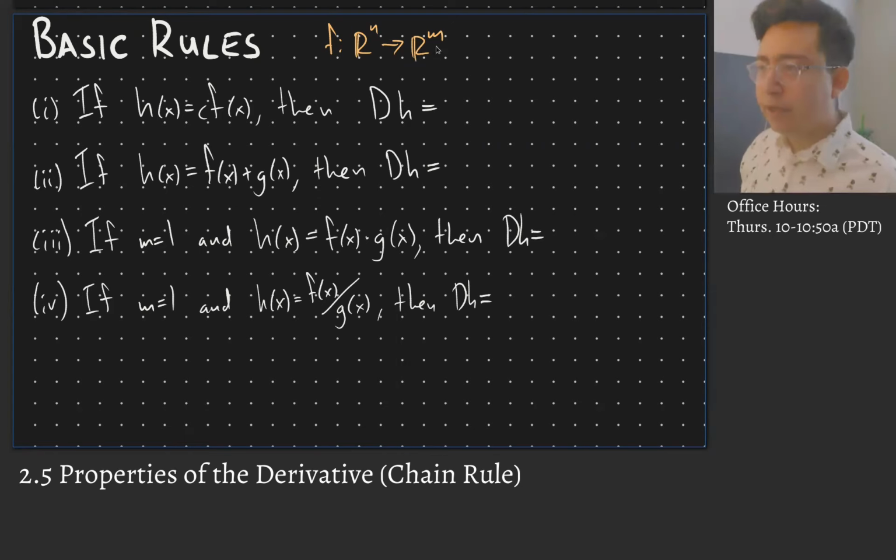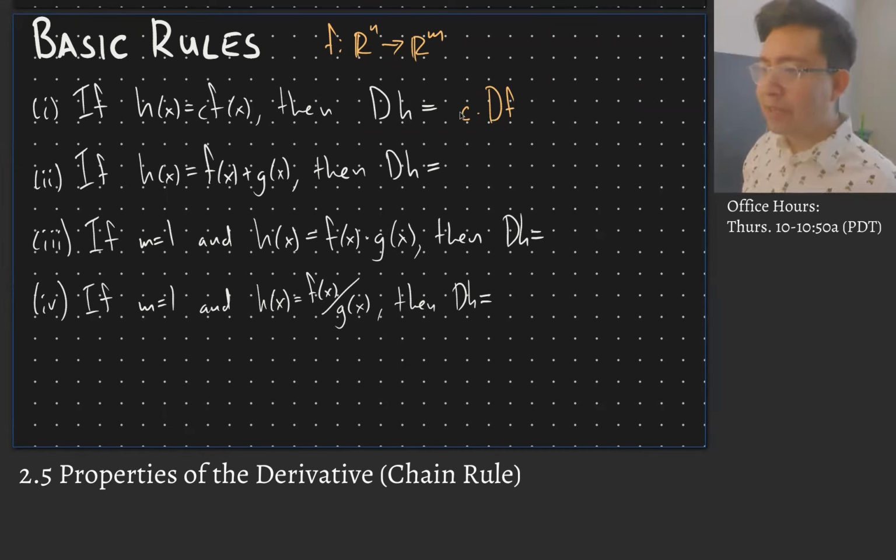Then we can multiply that function by a scalar, and the effect it has on the matrix of partial derivatives is that it's just the scalar times the matrix of partial derivatives. So the matrix of partial derivatives of the scalar multiple of f is just the scalar multiple of the matrix of partial derivatives of f.